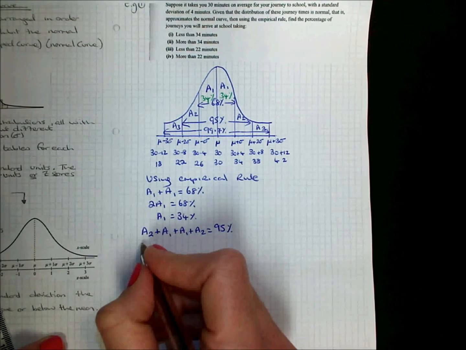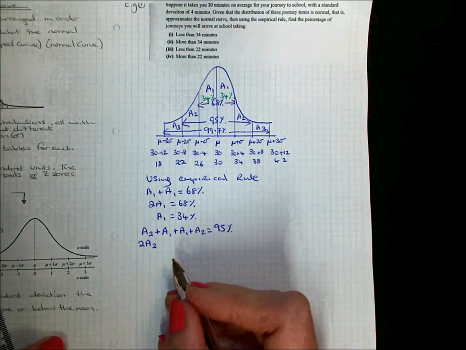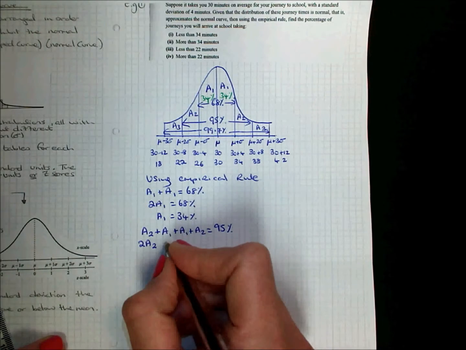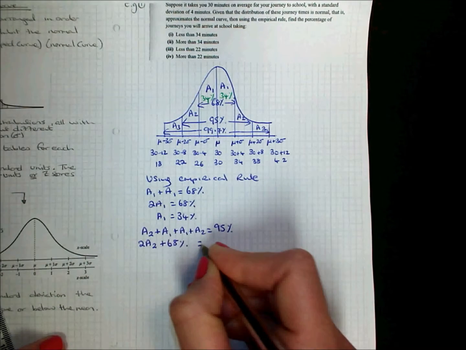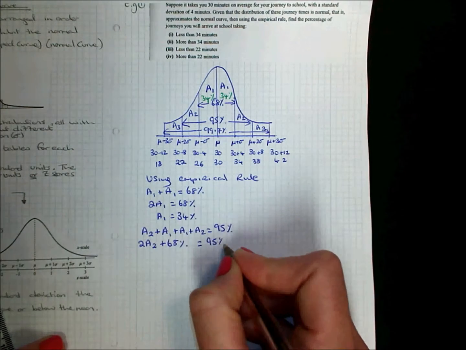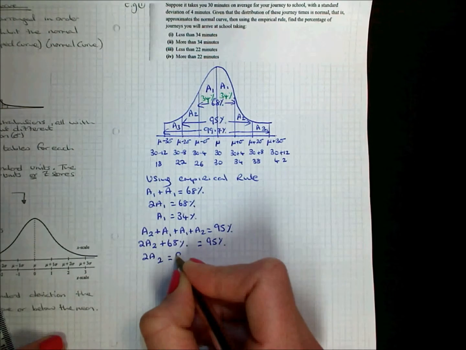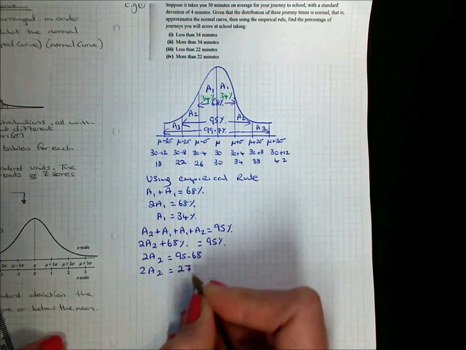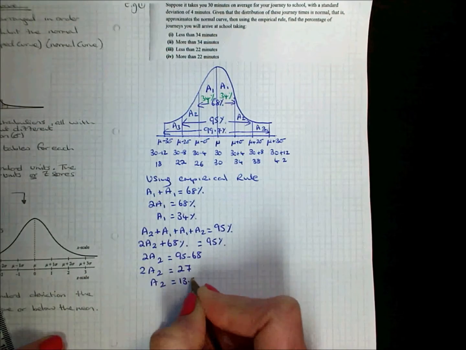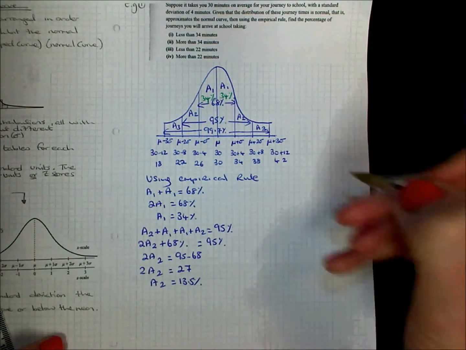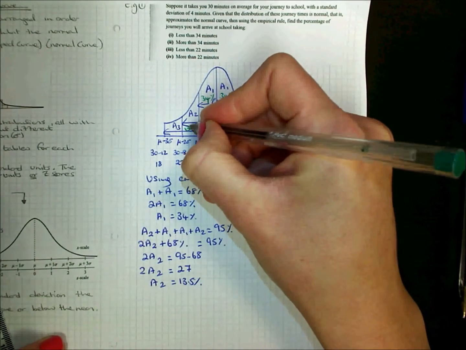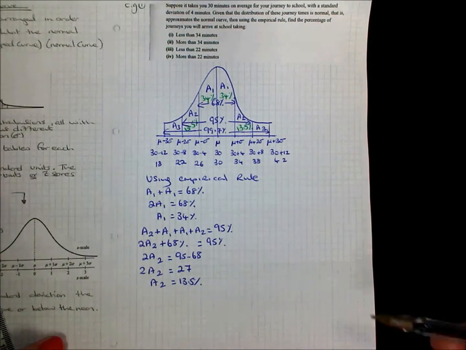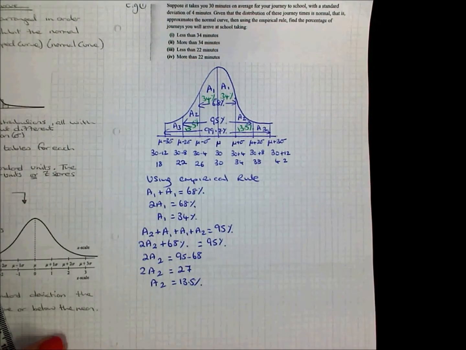So twice area 2, and I already know that twice area 1 is 68%, is equal to 95%. So twice area 2 is equal to 95 take away 68, so twice area 2 is equal to 27, so area 2 is equal to 13.5%. So my 13.5% goes here, and 13.5% goes here.